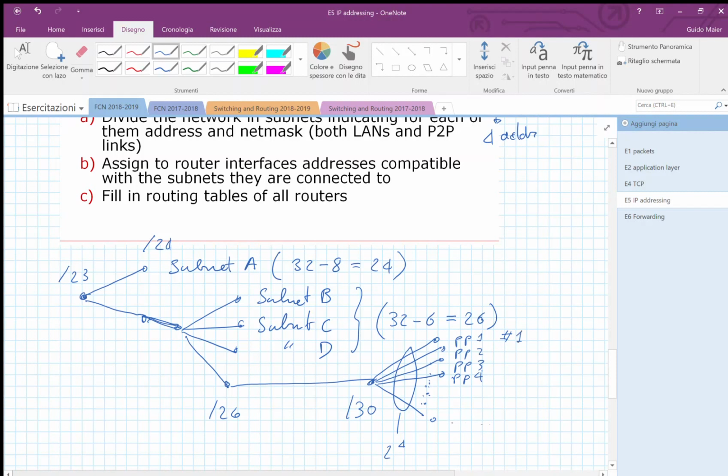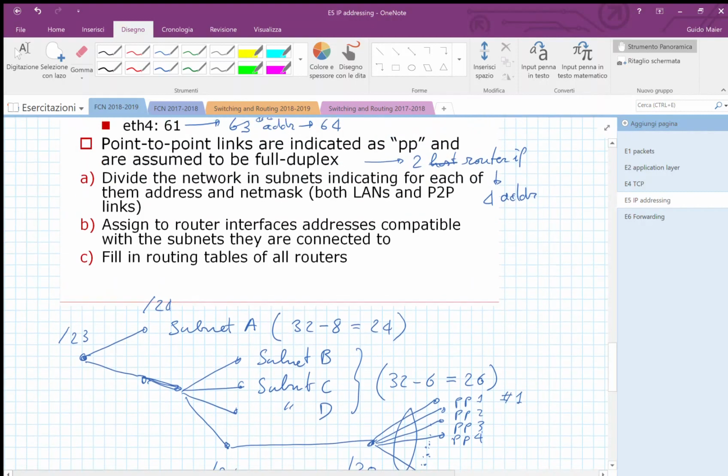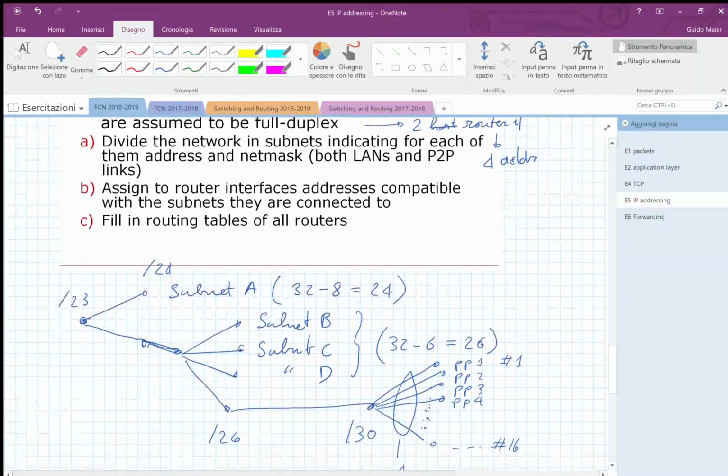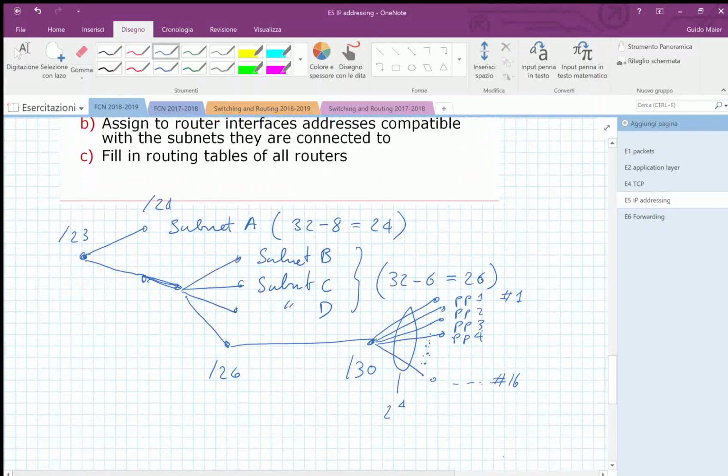Block number 1, and here we have block number 16. All the blocks beyond block number 4 are left for a future assignment. So this is the subnetting scheme, which is complying with all our requirements.